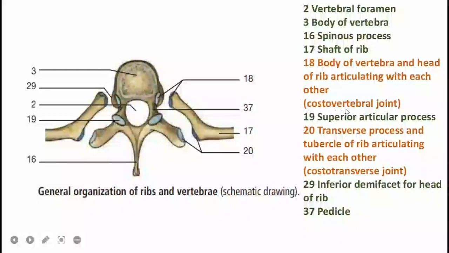Remember, we have the costovertebral joint at this level, then costotransverse joints at this level. In this case, it is the head and the vertebral body of the thoracic vertebra, then the transverse process of the thoracic vertebra with the tubercle of the rib.